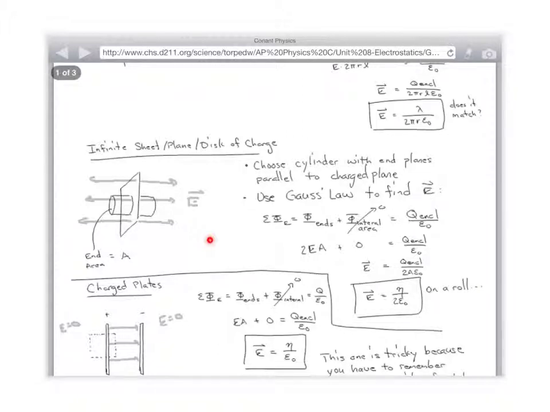Now, what shape do you think you would draw that would enclose an infinite sheet of charge such that the electric field lines are either perpendicular or parallel when they cross the surface?